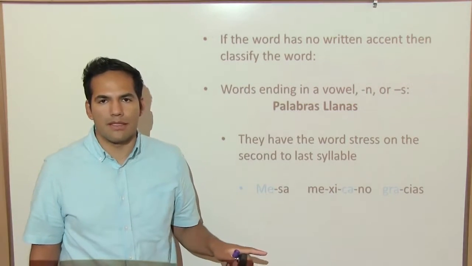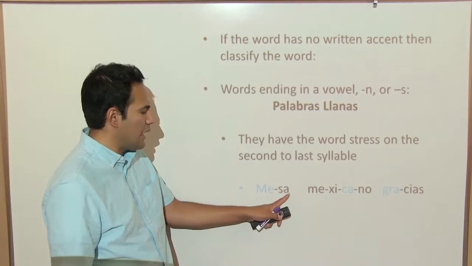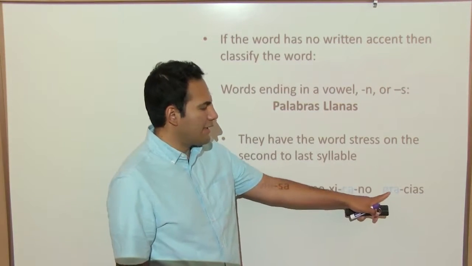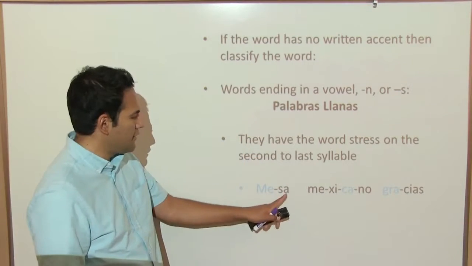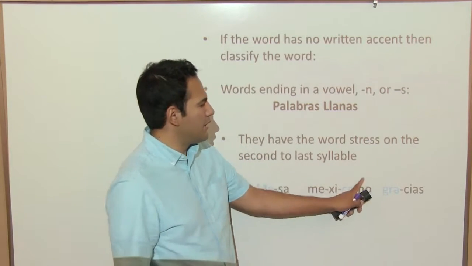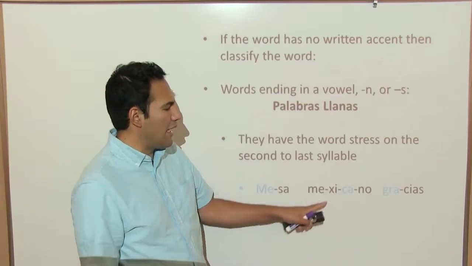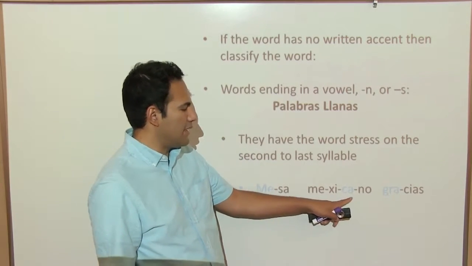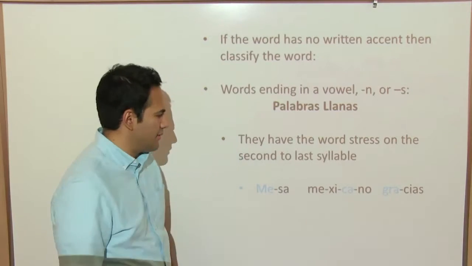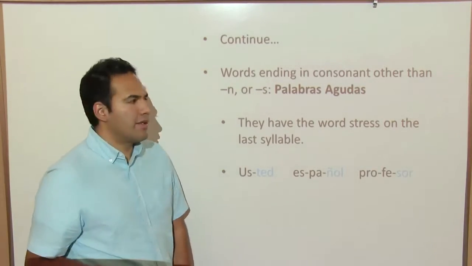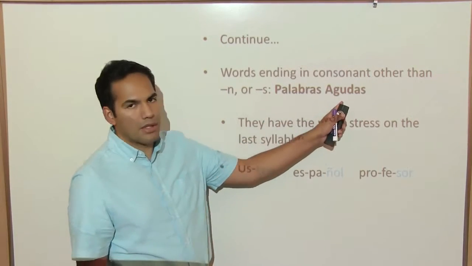So: mesa, mexicano, gracias. As you can see, it ends with a vowel, ends with a vowel, ends with an S. So we're going to stress the second to last syllable. Mesa, mexicano, gracias.